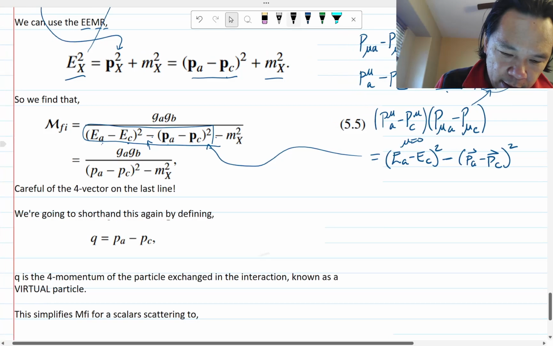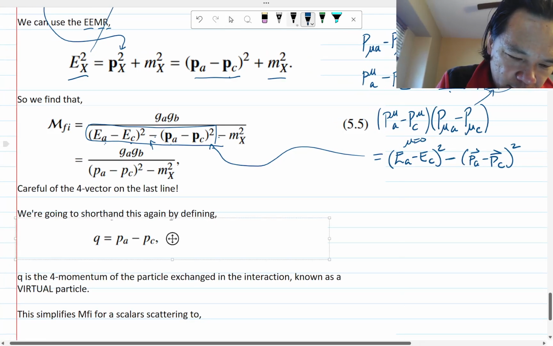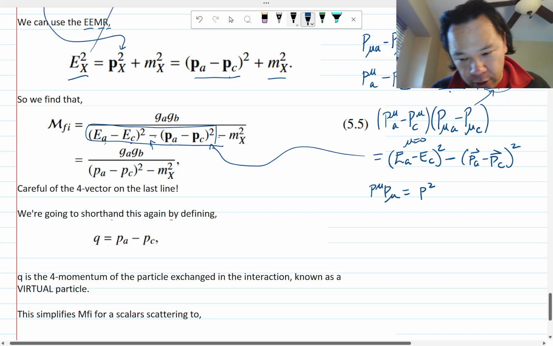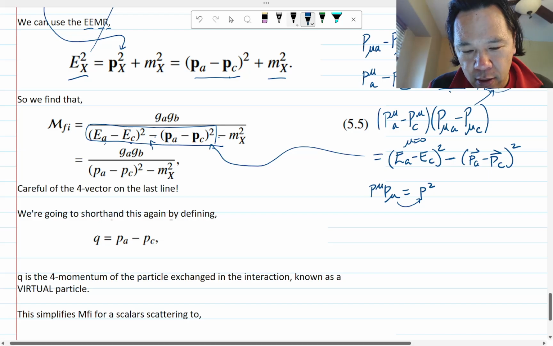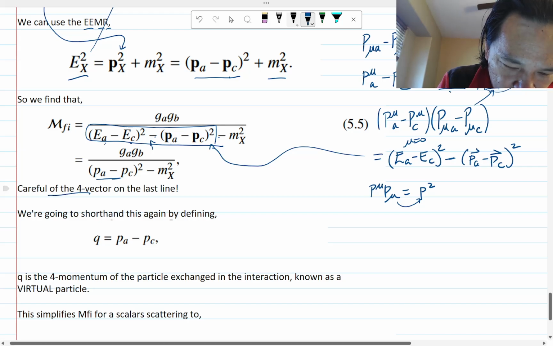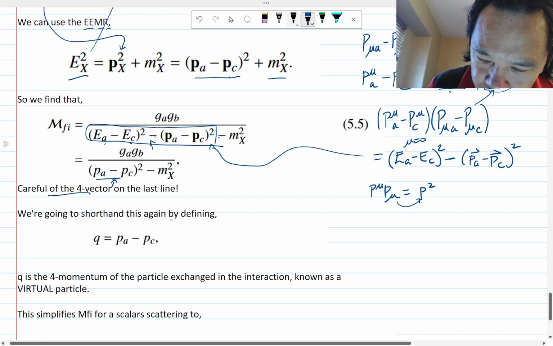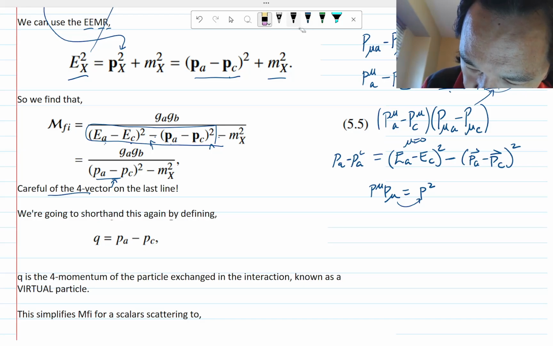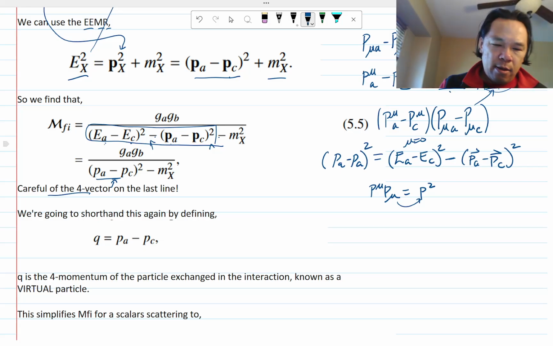In the shorthand notation, just as P mu equals P squared, unfortunately, you have to know whether this P is actually the 3 momentum square or the 4 momentum square. So this one is actually the 4 momentum square, equal to PA minus PC, 4 momentum squared.